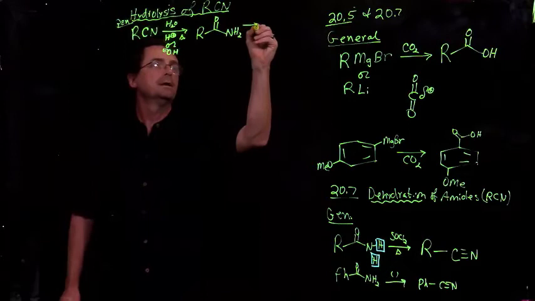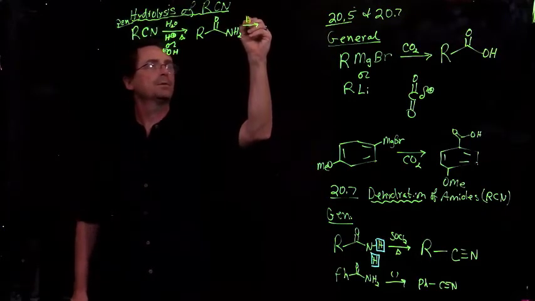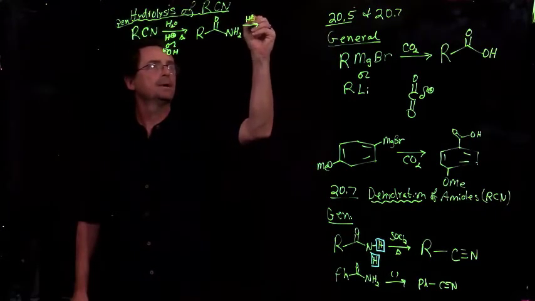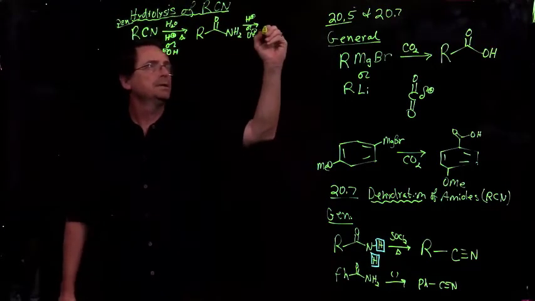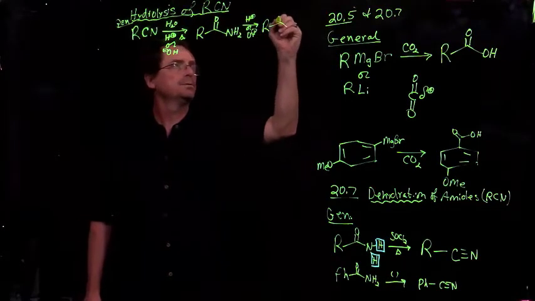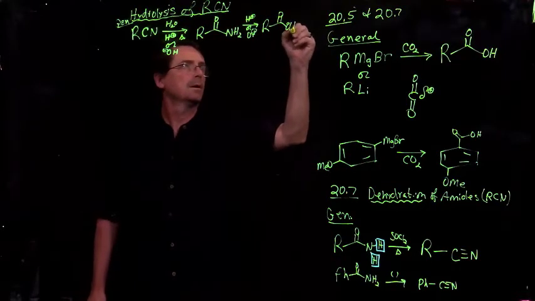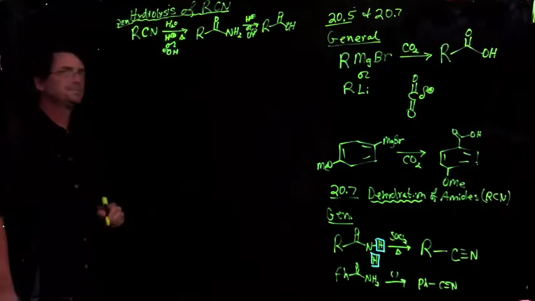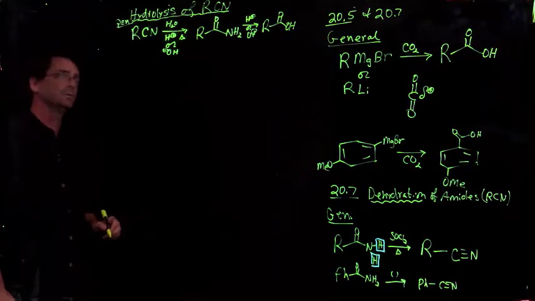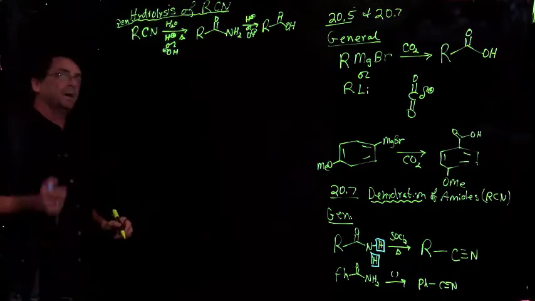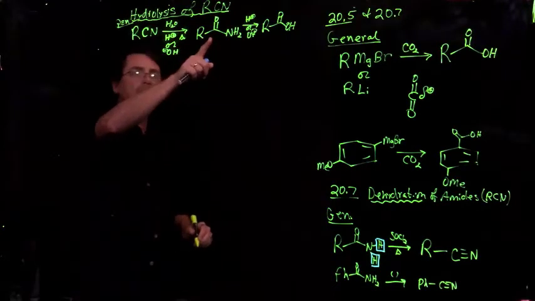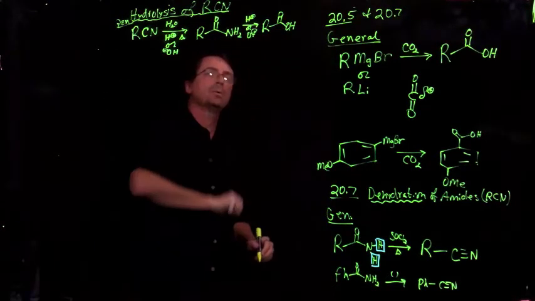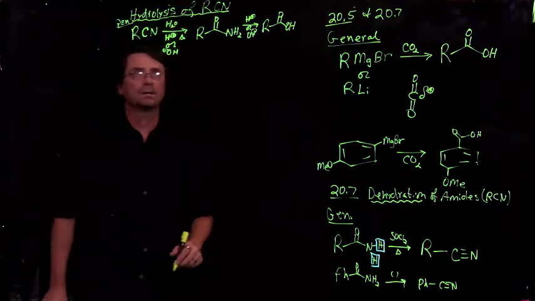But if you continue to heat them for longer periods of time, H+ or OH again, they will continue on and produce the carboxylic acid. All right, so that's the hydrolysis of the nitrile. In many cases we can stop at the amide, or we can continue on to the carboxylic acid.